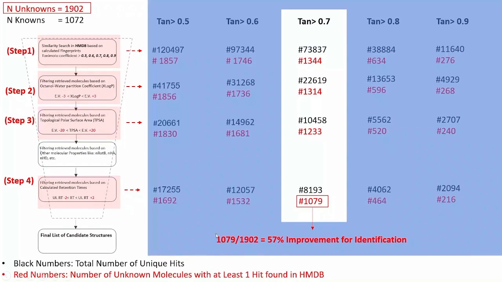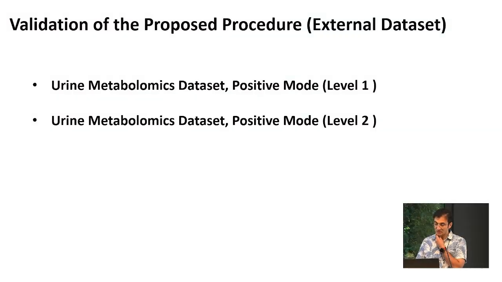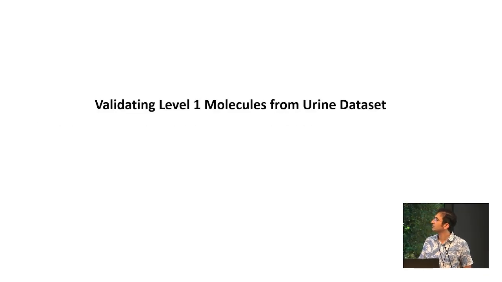So it means that we could achieve at least 57% improvement for the identification. For external validation, because we developed the models by using plasma, we used a urine metabolomics data set for external validation.